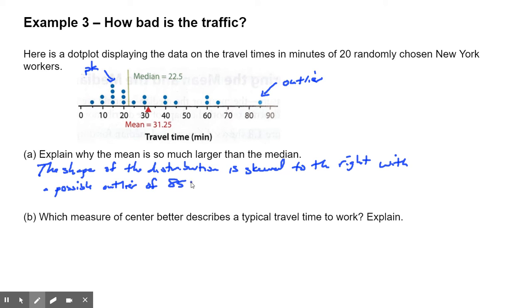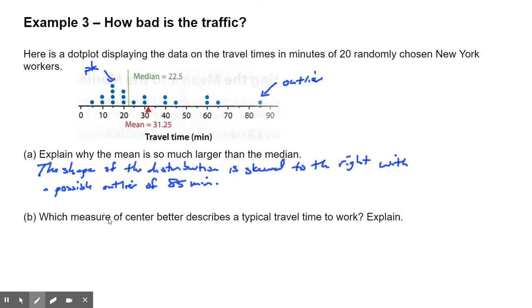That's 85 minutes. Okay, so kind of just like a plain Jane answer, right? No offense to any Janes out there. So the shape of the distribution is skewed to the right with a possible outlier of 85 minutes.